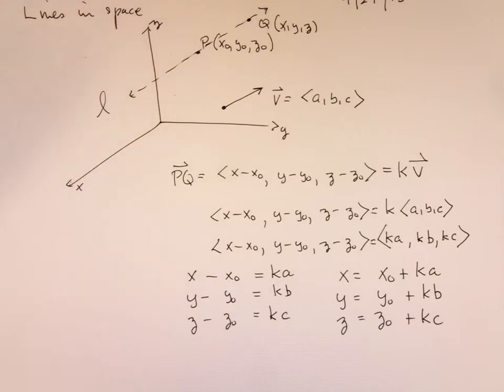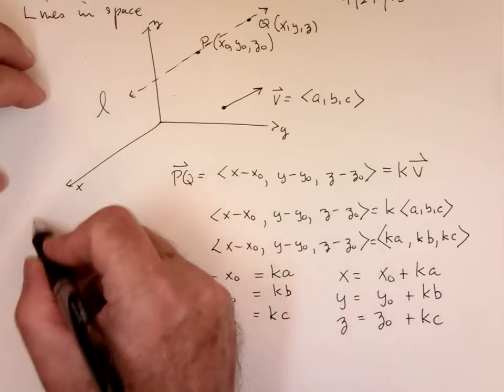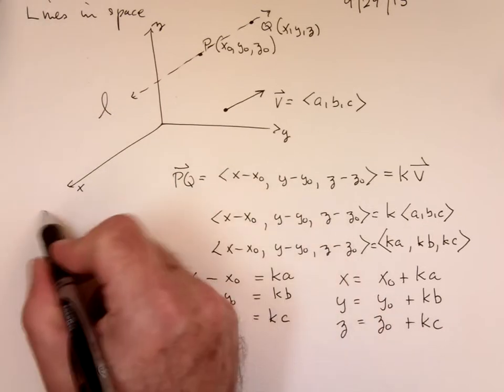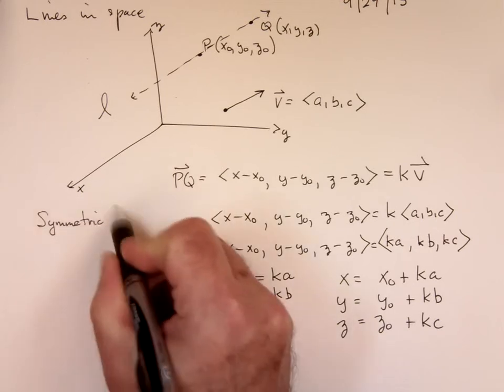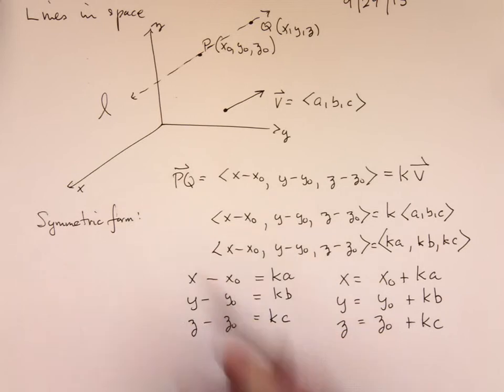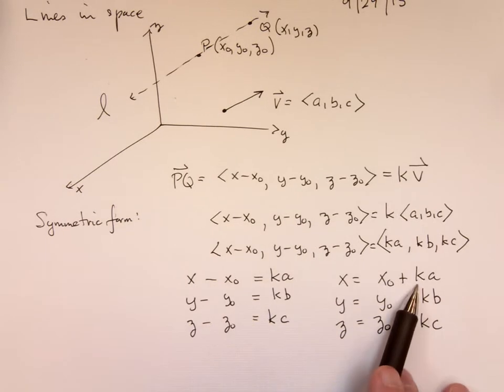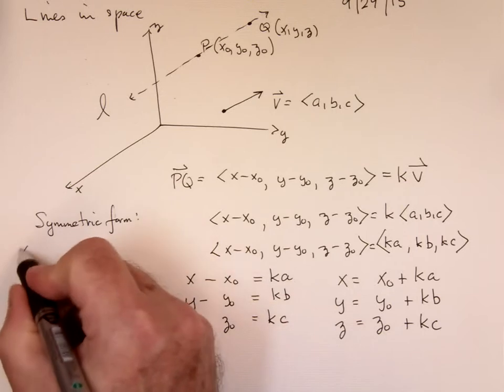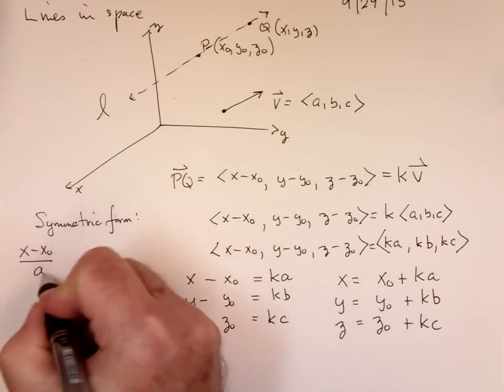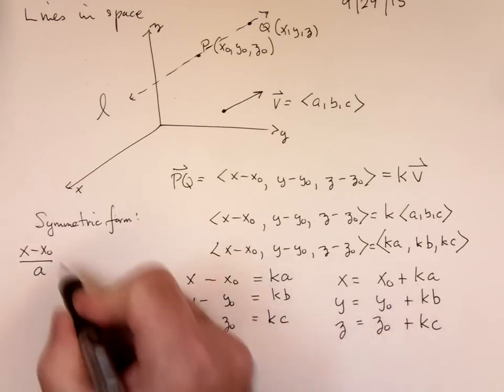There's another way to express this. It's called a symmetric form, which is less useful. I think the web assign will mention this, though. What you do basically is solve for k in each of these. X minus x sub naught over a is equal to k.